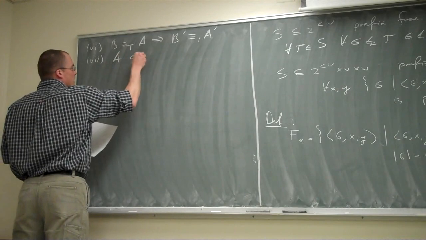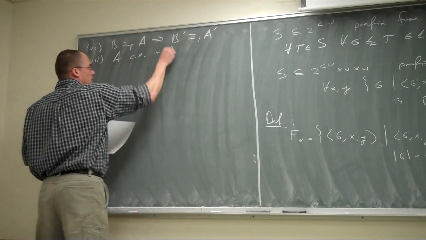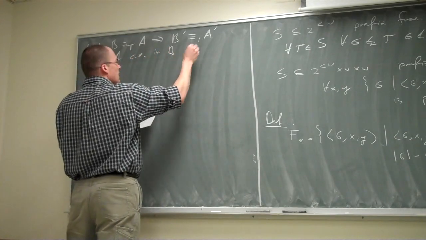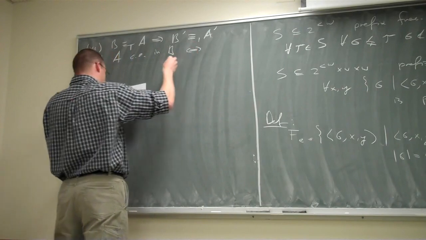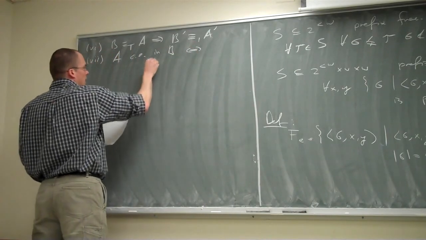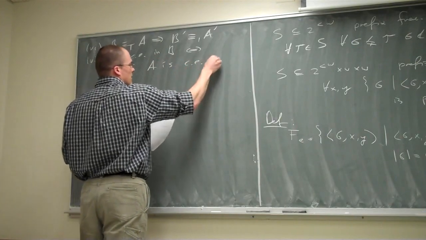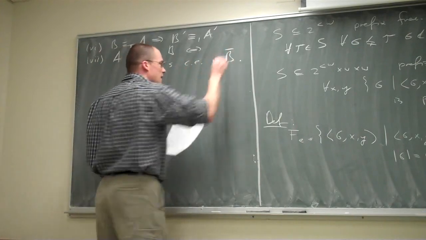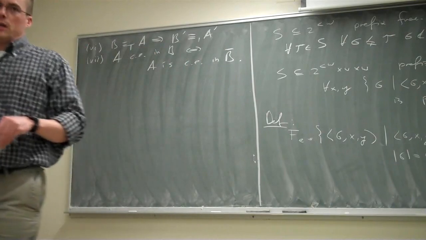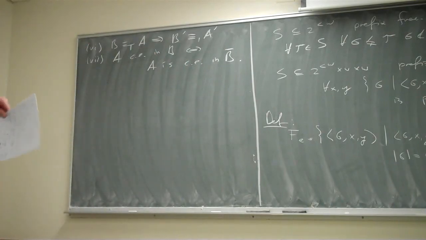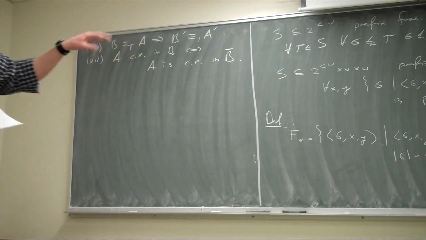The last item, if A is CE in B, this happens if and only if A is CE in B complement, and this now is obvious from item 4, right?